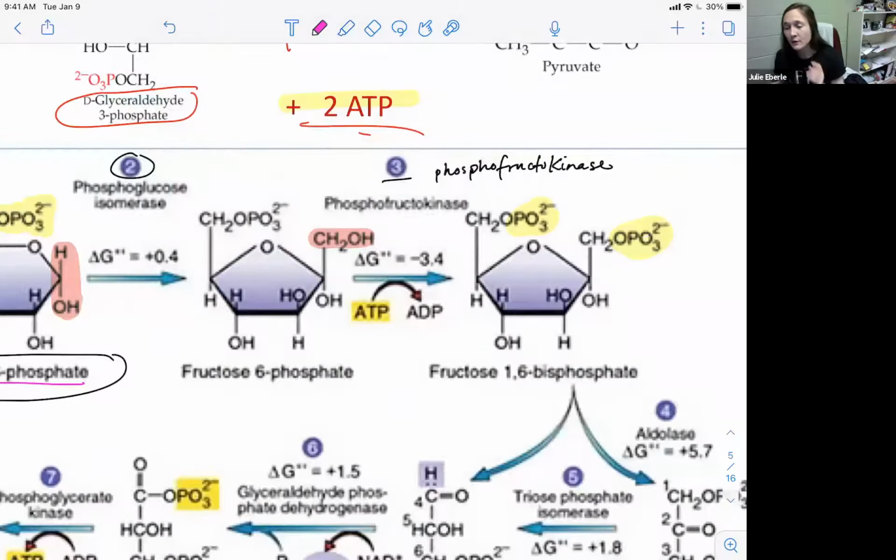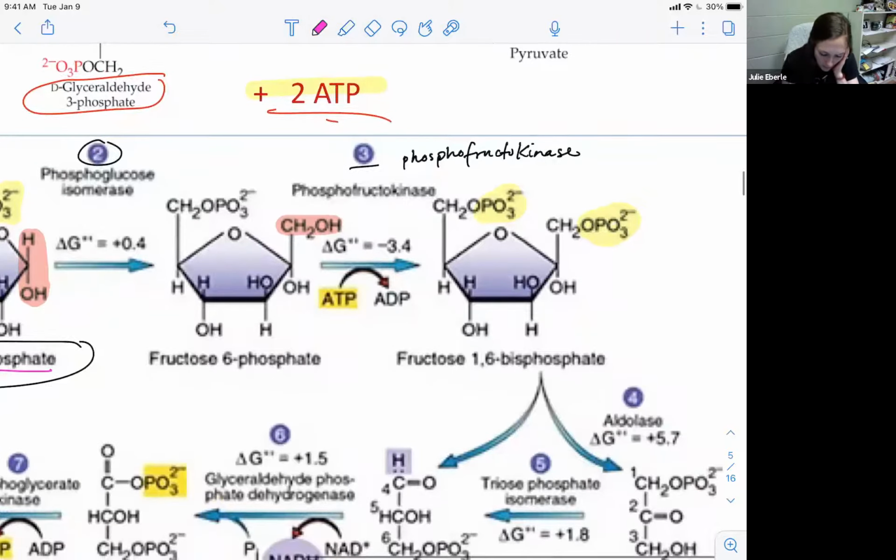Step 3 is another really critical regulatory step in glycolysis. So I'm going to call step 3 the most critical one, actually, more critical than step 1, because there's a lot of things that can inhibit or activate phosphofructokinase, okay?